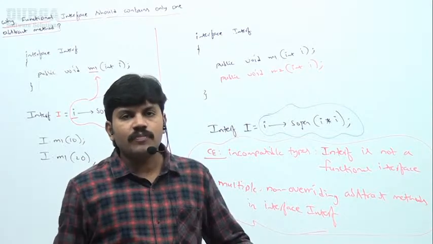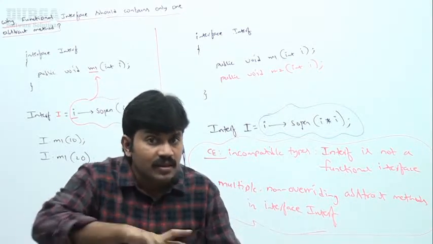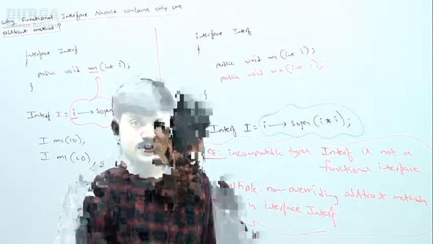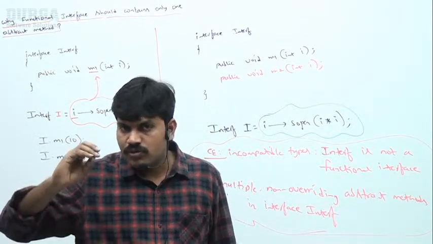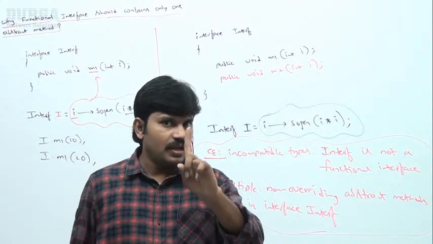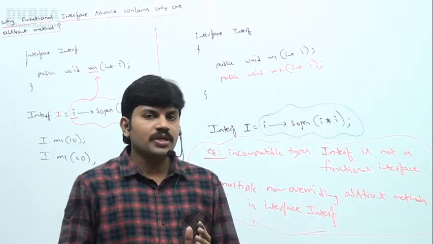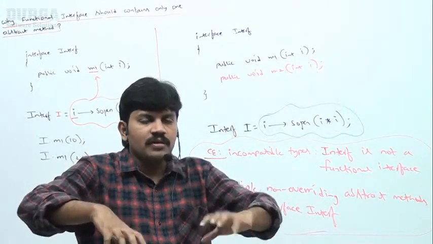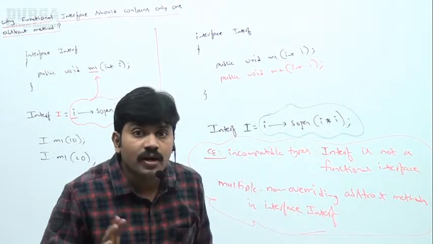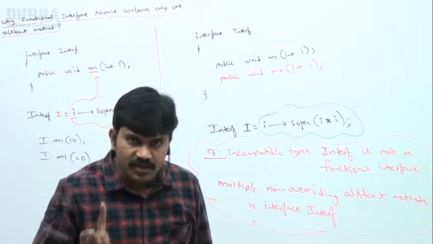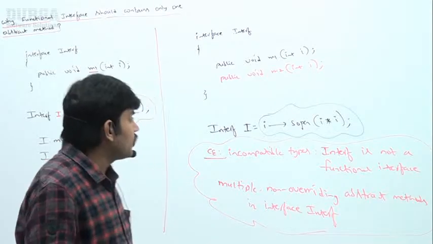So if the interface contains multiple abstract methods, then there is going to be a problem in the mapping. That's why, sir, a functional interface should compulsorily contain a single abstract method only. Without an abstract method or with more than one abstract method, it's never treated as a functional interface. We can't use it for lambda expressions. Clear for all of you, right? That's what you people should be aware of.